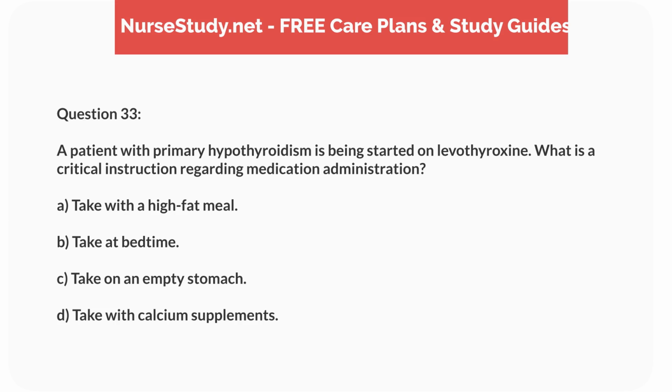Question 33. A patient with primary hypothyroidism is being started on levothyroxine. What is a critical instruction regarding medication administration? A. Take with a high-fat meal. B. Take at bedtime. C. Take on an empty stomach. D. Take with calcium supplements.